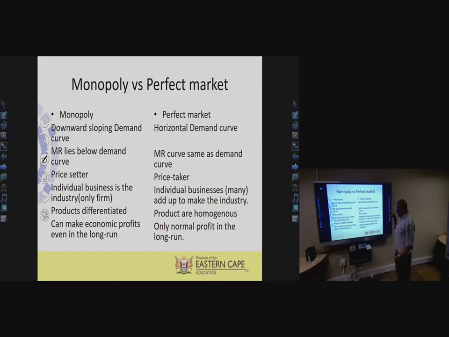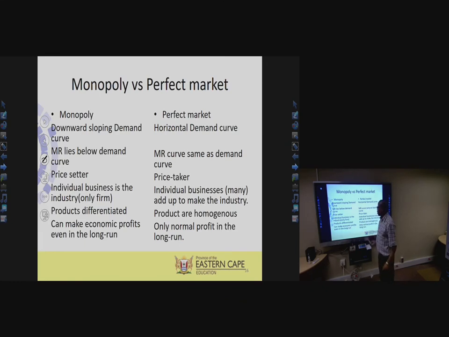And when the quantity increases, the price will be lessened, because the new firms make the supply shift, and as supply shifts, it makes the price lower. As you remember, that has been discussed in the perfect market situation.